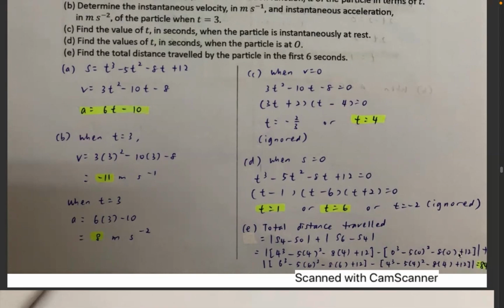Plus S6 minus S4, so we sub 6 here, minus, we sub 4. It's better to put modulus so that we can make sure that the answer for distance is positive. So after we press the calculator, we will get the answer 84 meters.